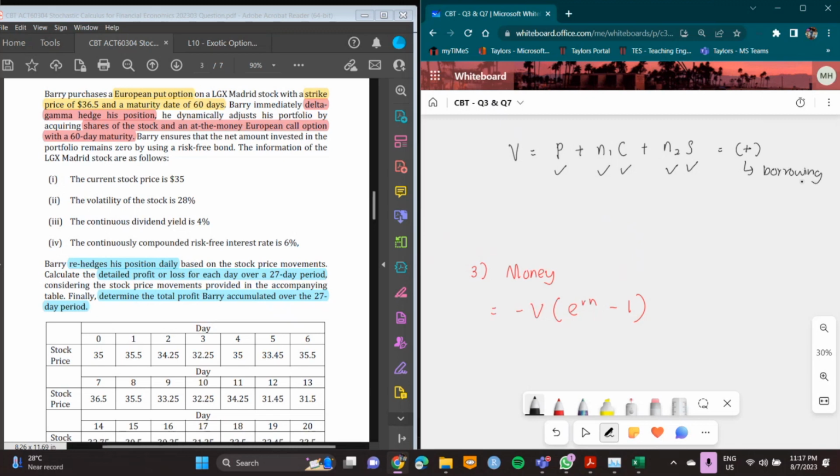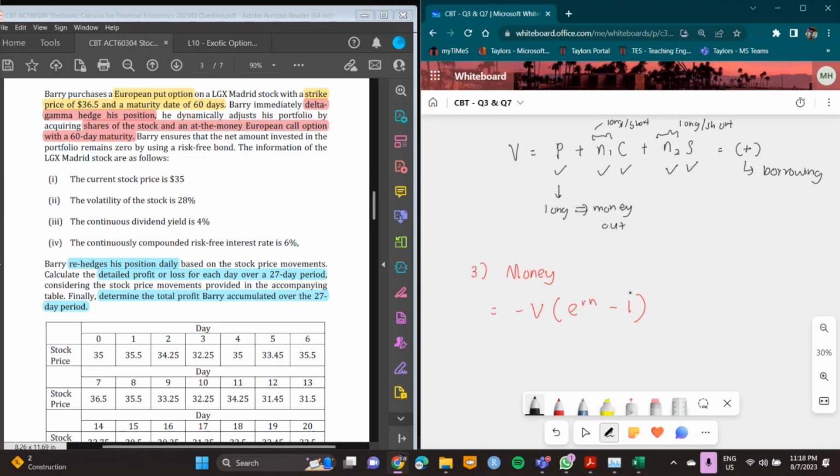Because in this case our put is long, and long means our money is going out. After we find N1 and N2, we have to check what position it is, long or short.